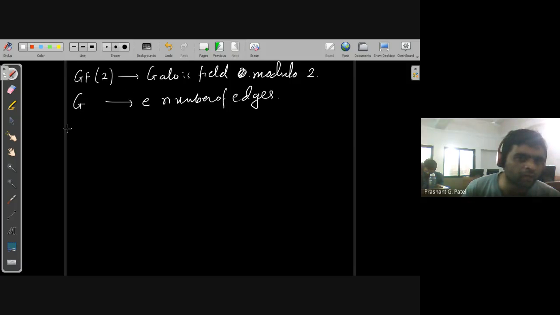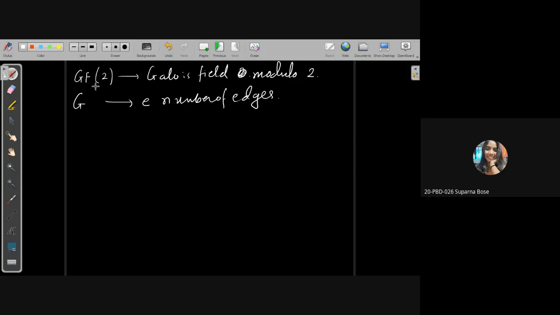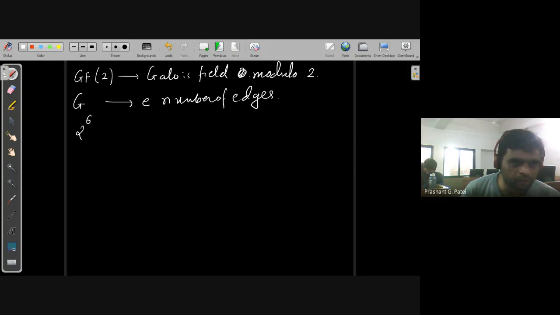That means how many vectors will you have? 2 to the power e, that is, 2 power e vectors of e tuples are there.